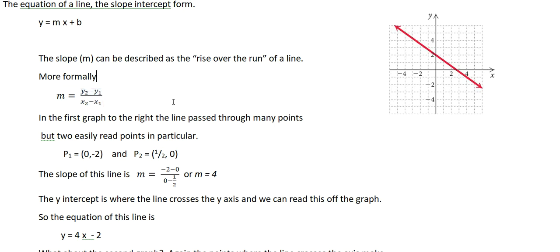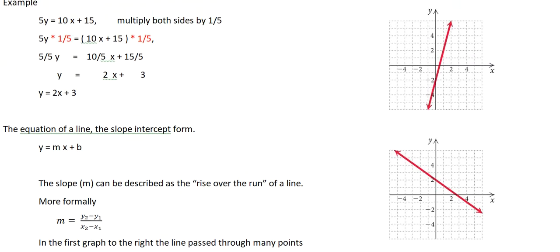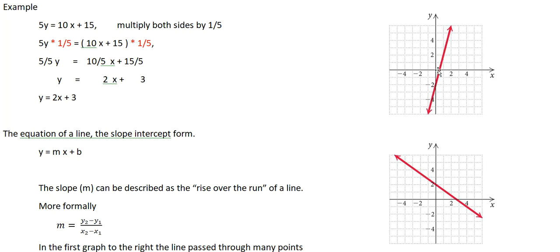Obviously we're going to need some points off of these. If you have the graph, it's very convenient to simply look at where the line crosses the x and y axes and see if it's convenient to pull off some points there. Notice over here that we have 2 and 1.